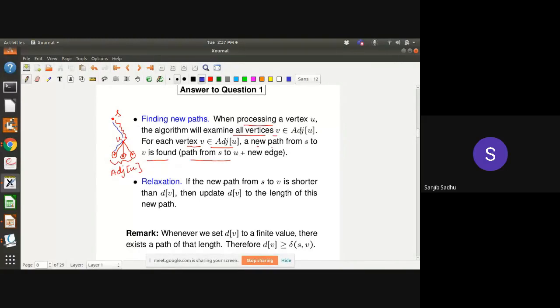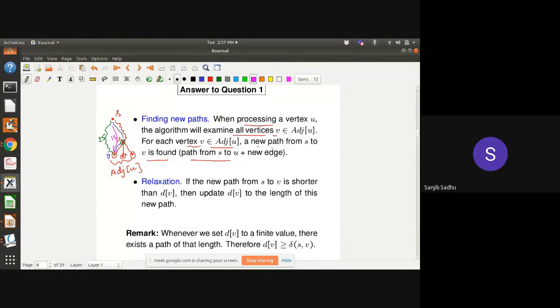And relaxation: if there is a new path from S to V, say this is V. Initially, suppose there were some other path that we took, say of length 25. Now when I am processing the vertex U, if I follow this path, I reach V at distance, say, 15.